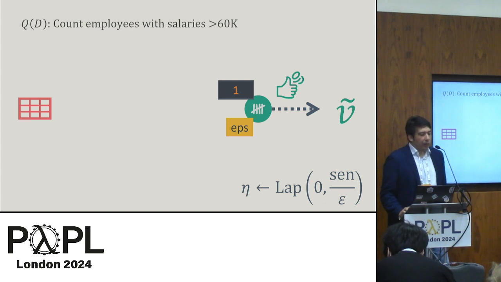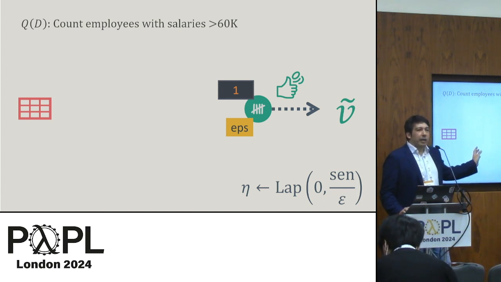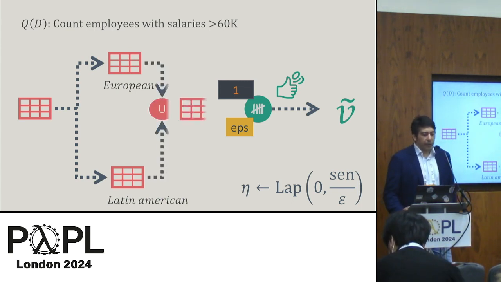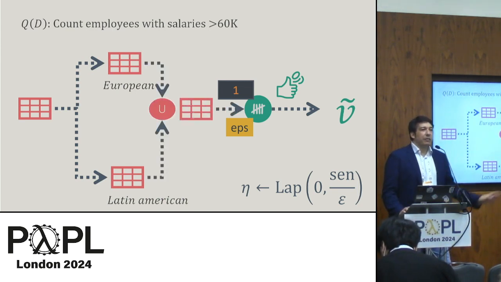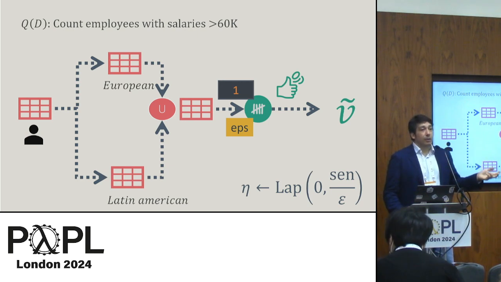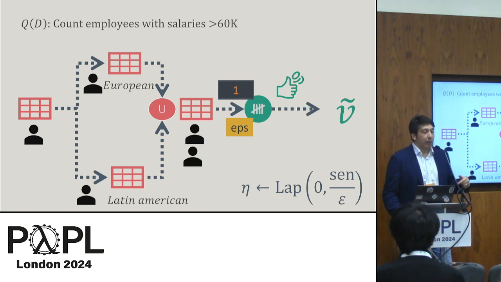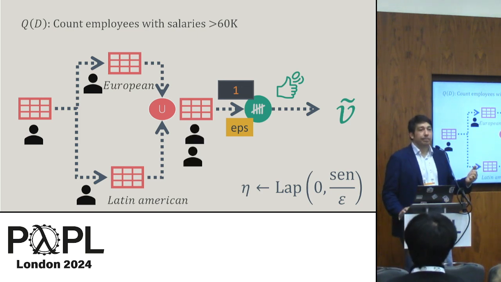Let me give you an example. For some reason, you take this adult table and you separate between European and Latin Americans, and then you just join them. Right? Very inefficient, but some way to do transformations. If I add or remove one person here, and the person has double citizenship, they will go in both tables. When I do the union, I will have that record repeated.